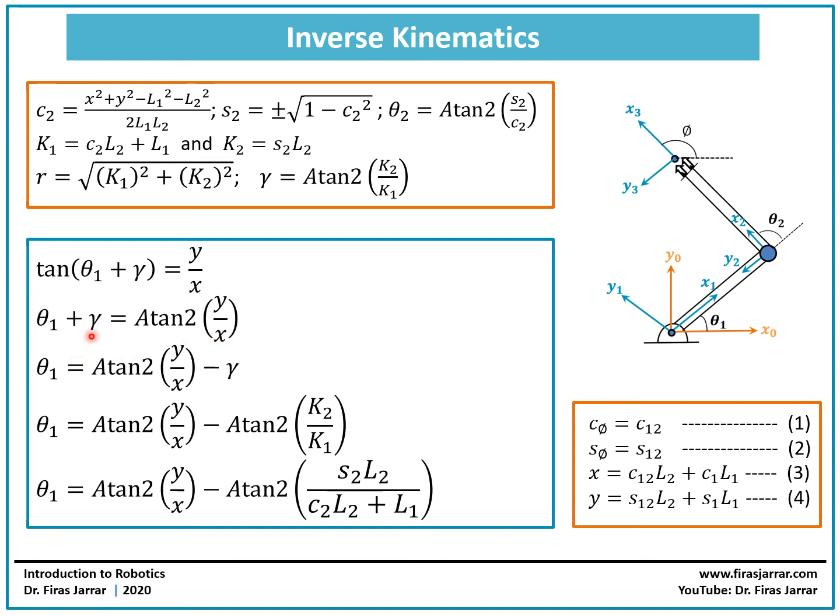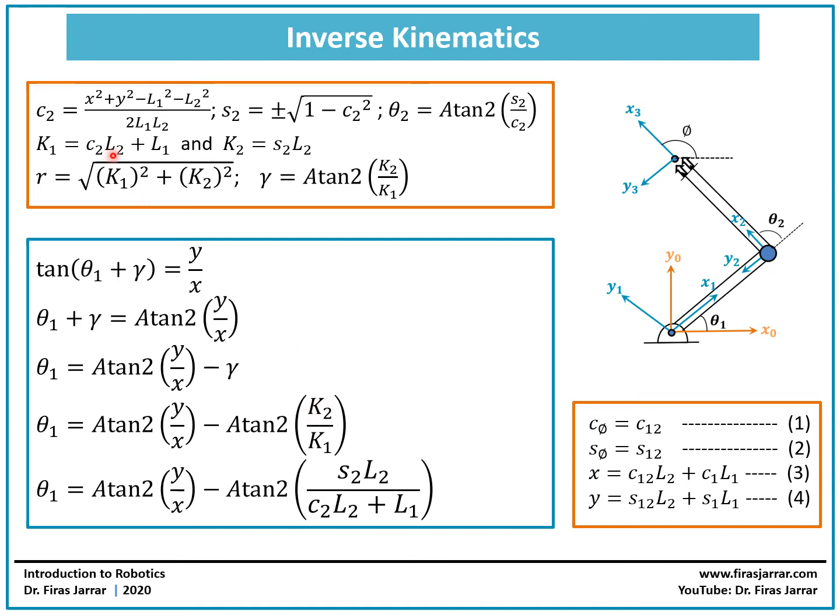Now you can take gamma to the right side of the equation, and recall that gamma was defined as atan2 of k2 over k1. We no longer need k1 and k2, because the whole idea of using them was to write things in a more compact way.